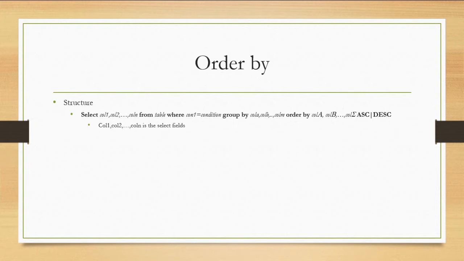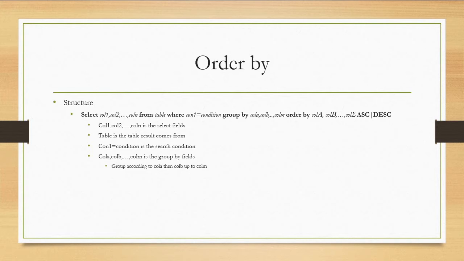Column 1 to column n is the select fields. Table is the table the result comes from. Condition 1 equals condition is the search condition. Multiple search conditions can be used. Column A to column M is the group by fields.